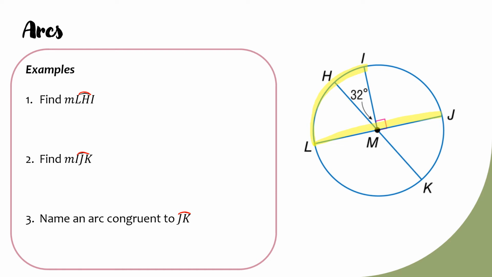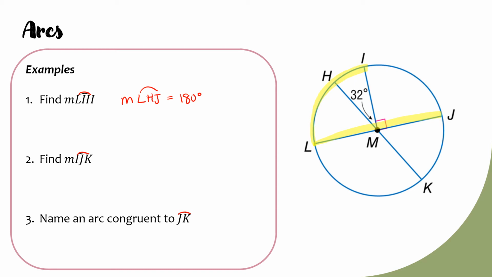And you'll notice that if we talk about this whole arc, we would say that that is a semicircle. Let's write that down. The measure of arc LHJ, LIJ, really referring to the same thing, LHJ is equal to 180 degrees. It's a semicircle.